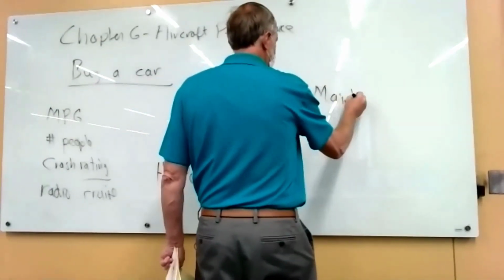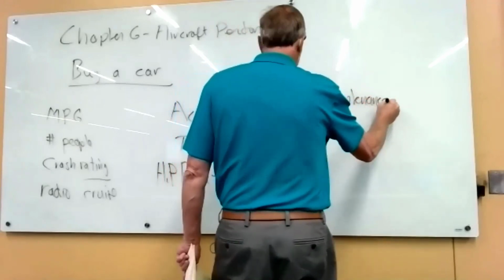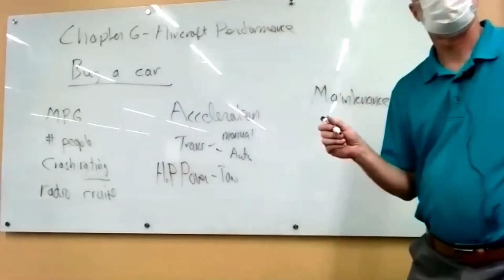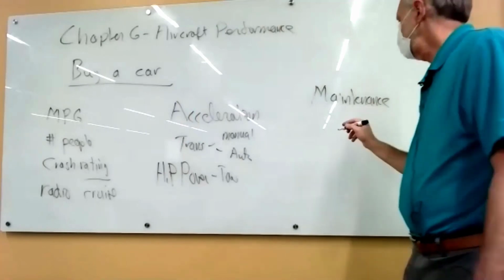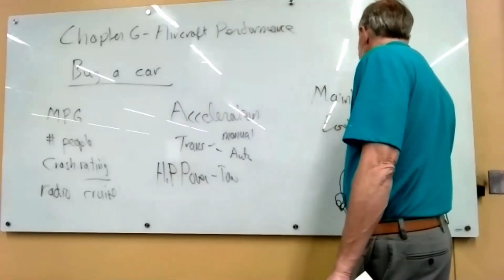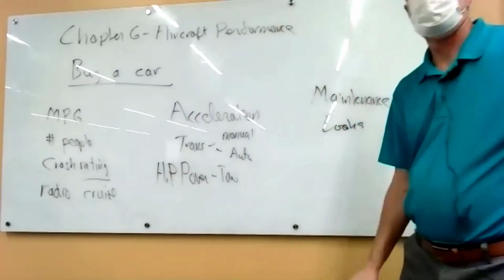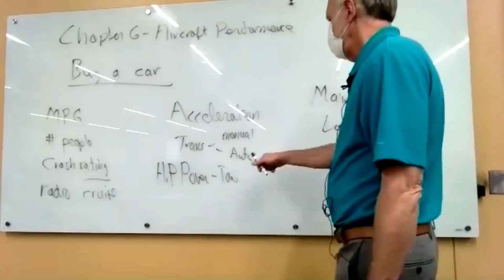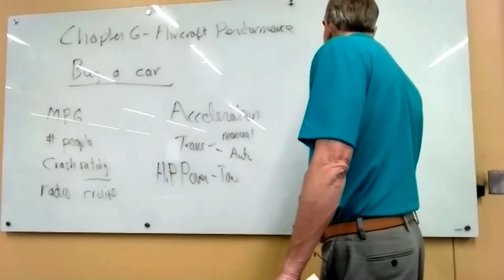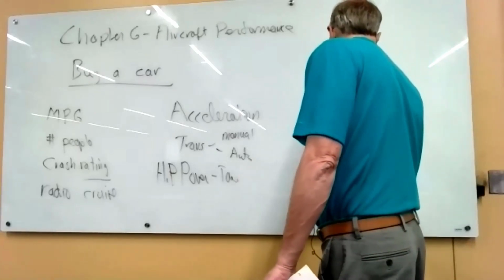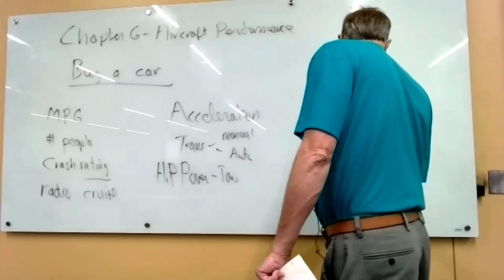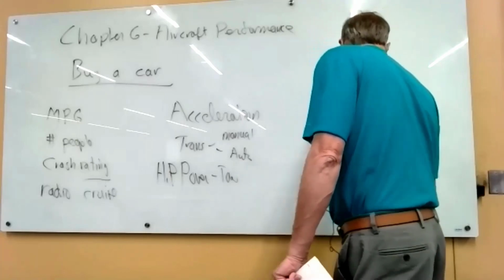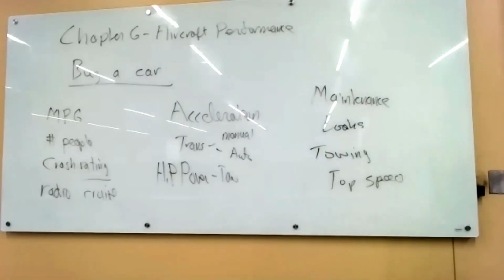Maintenance. You don't care about that because you spend the $3,000 to get the extended warranty, right? Something else? Looks. How about top speed? Somebody said towing, so that's really into the horsepower, right?